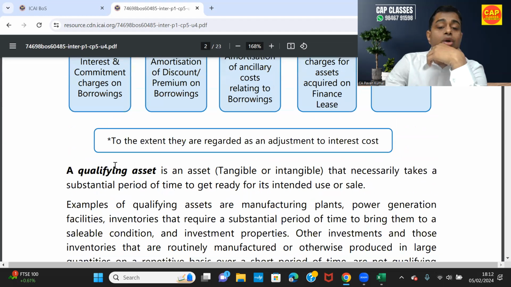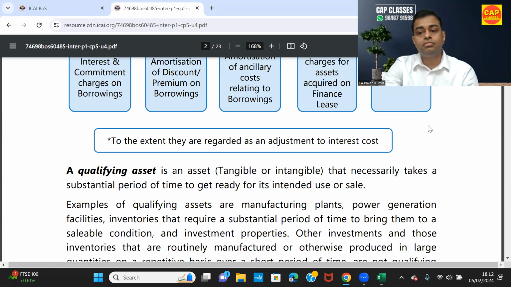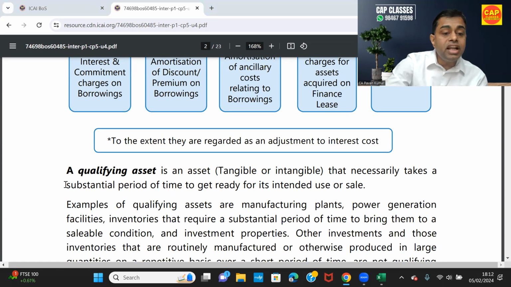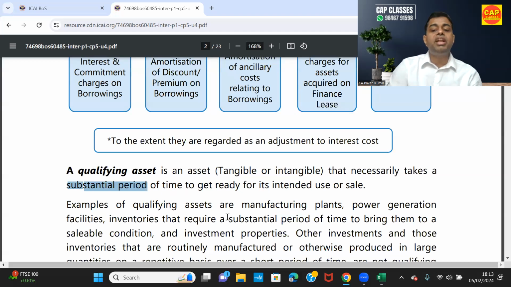Now, look here. A qualifying asset is an asset that can be a tangible asset or an intangible asset. A qualifying asset is an asset that necessarily takes a substantial period of time to get ready for its intended use or sale. What is a substantial period?